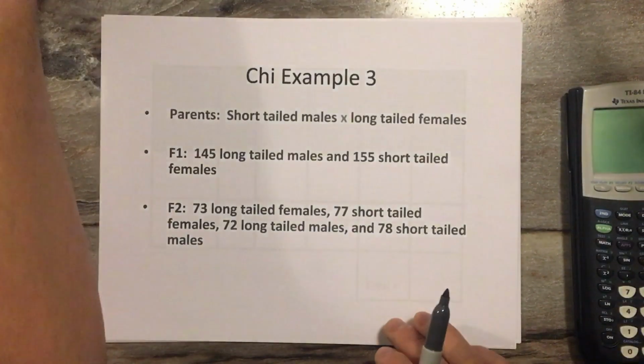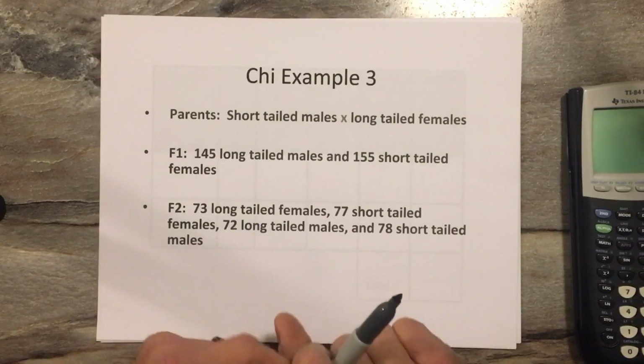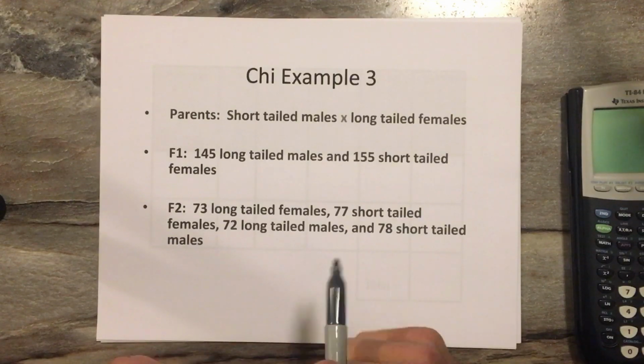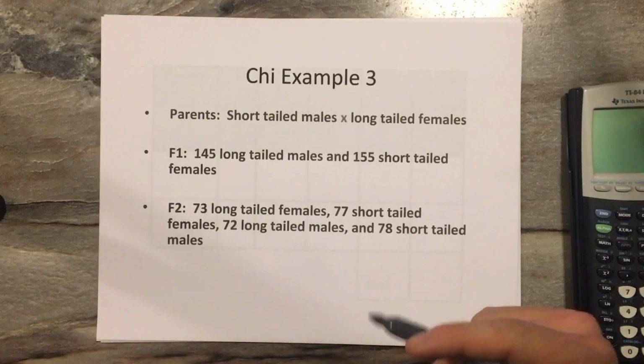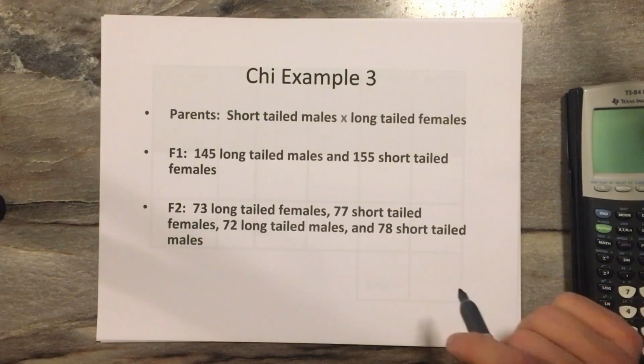So here's what we're going to do for this one, guys. Here's our data. We have been given already what type of inheritance the trait is passed on by, but this one it's not, so it involves a little bit more thinking.